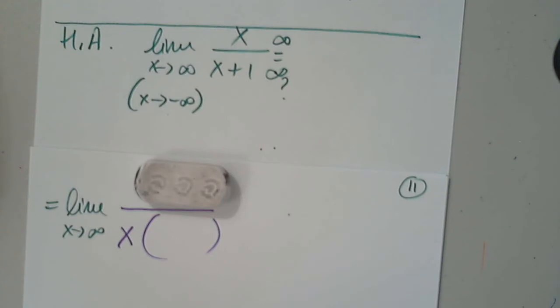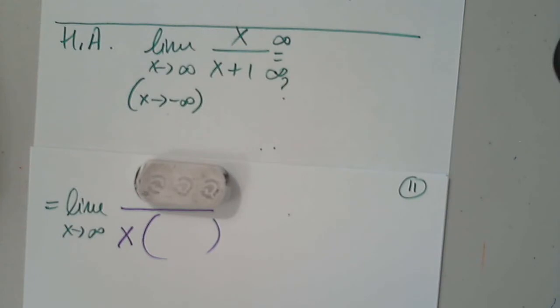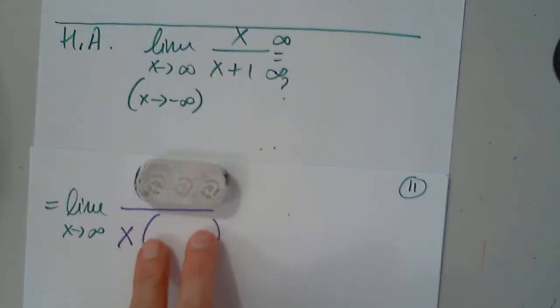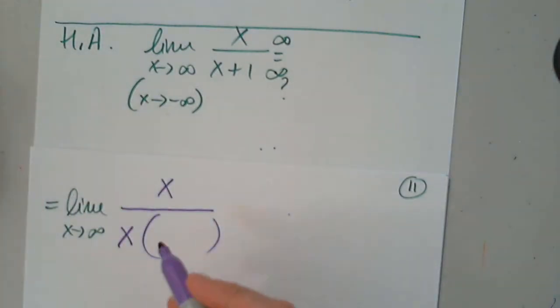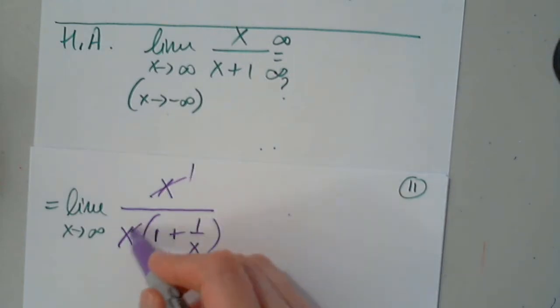It's a method, but it's not a good idea. Okay, so I factor out the degree. What do I have in parentheses? I started with 2 terms, so I have to have 2 terms. 1 plus 1 over x. Very good. Okay, this will go away.